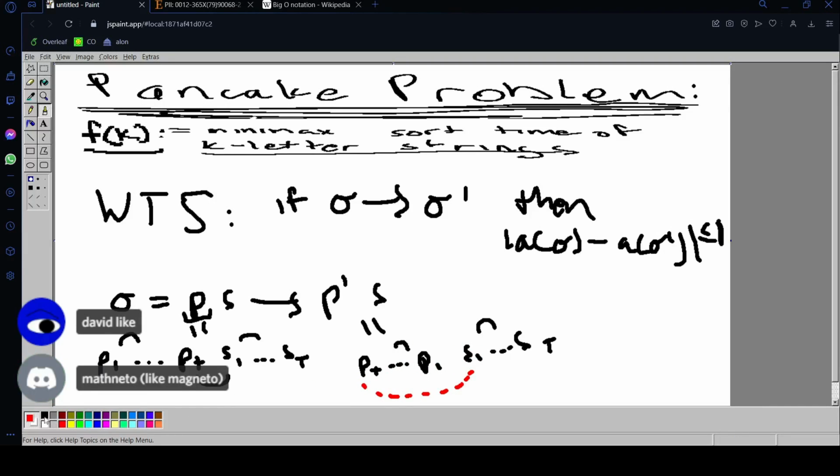Meanwhile, if these numbers, P1 and S1, would form an adjacency, then when we do the reversal, we create an adjacency.